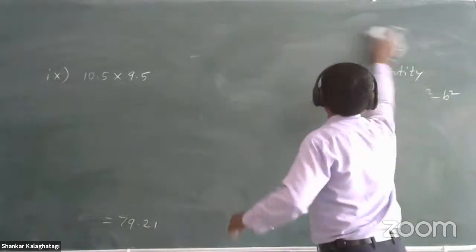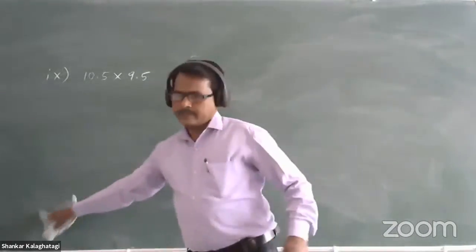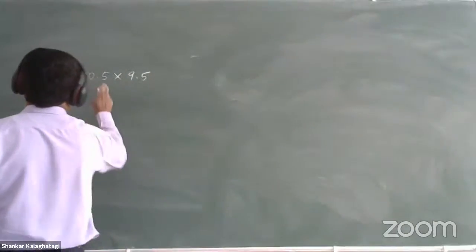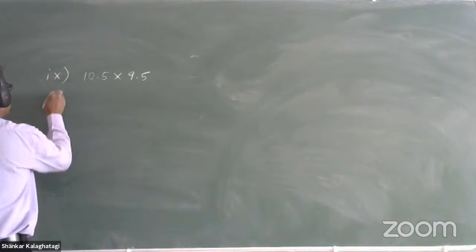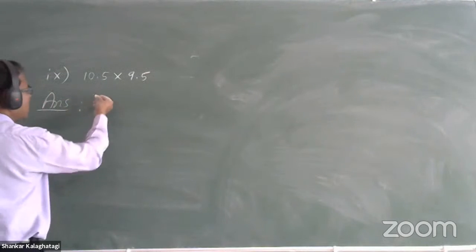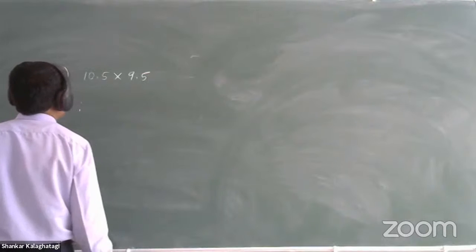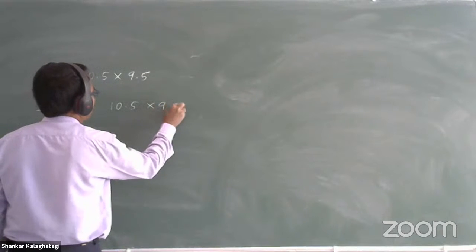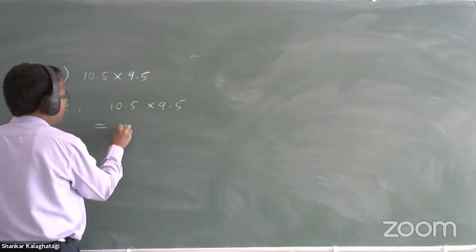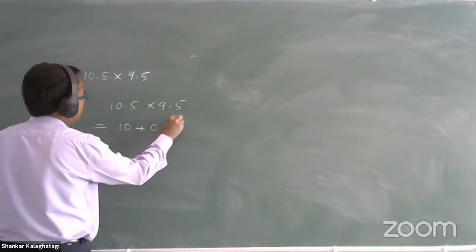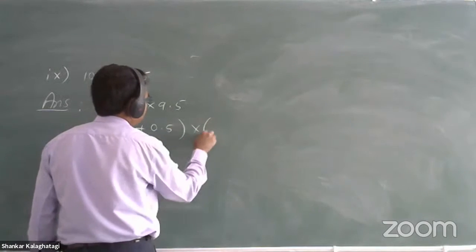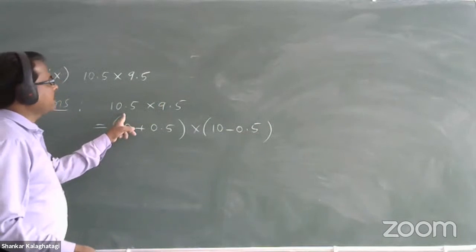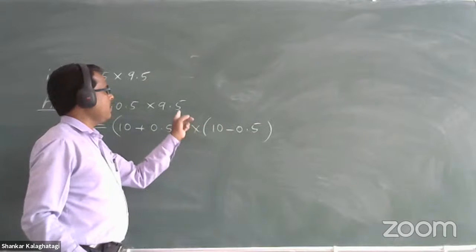Next question, be fast. Who wants to tell? Using identity a plus b into a minus b equal to a square minus b square. 10.5 into 9.5, you can write it as 10 plus 0.5 into 10 minus 0.5. 10 plus 0.5 is 10.5, 10 minus 0.5 is 9.5.